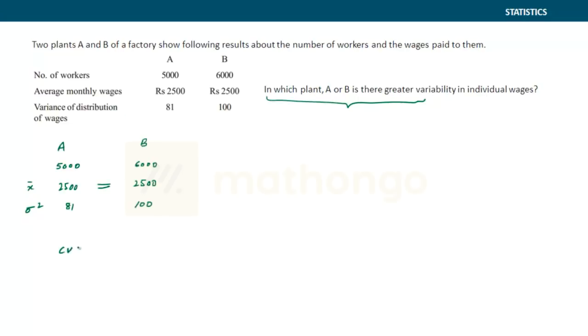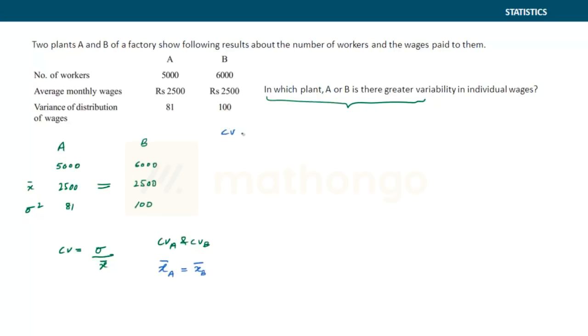So we note that CV was sigma by x bar, and for this we will try to find CV of A and CV of B, right? This is what is our target. And surprisingly, the sigma is the only thing that we need to consider. Why? Because we know that the average of both the factories is the same, right?